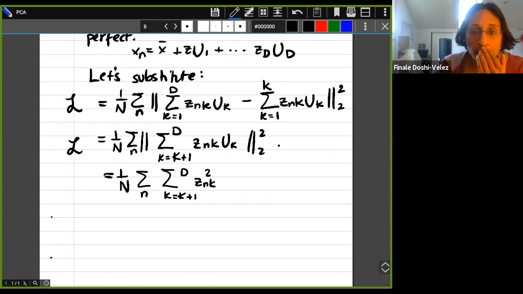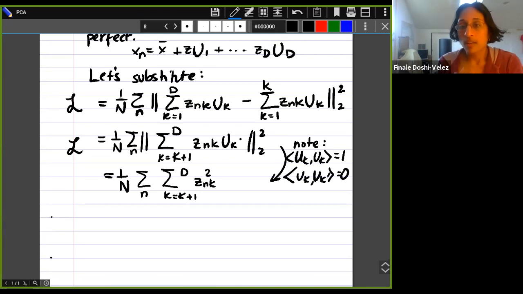And the way we got from here to here is by noting that UK with itself, the inner product with itself, is going to be 1. So those are giving me the Znk squared terms. And then the UK with some other UK prime, the inner product is equal to 0. So any cross terms are going to go away.